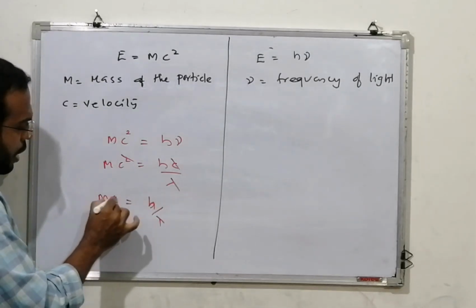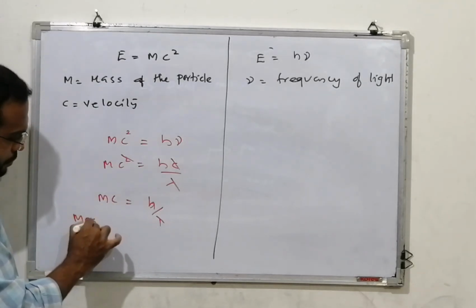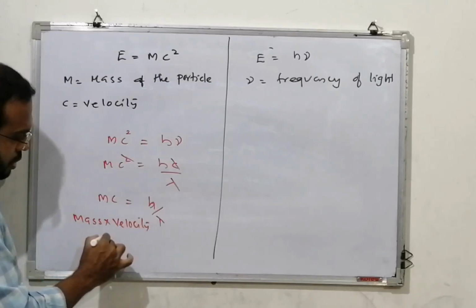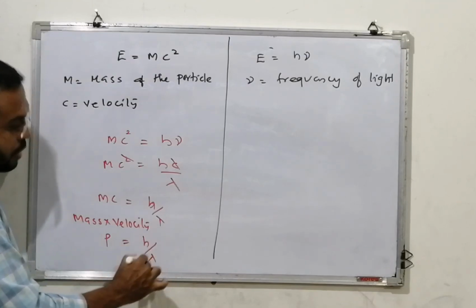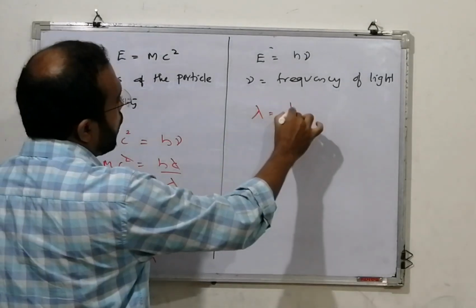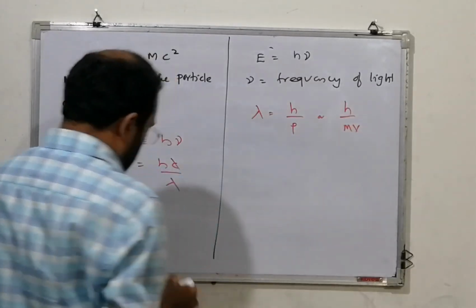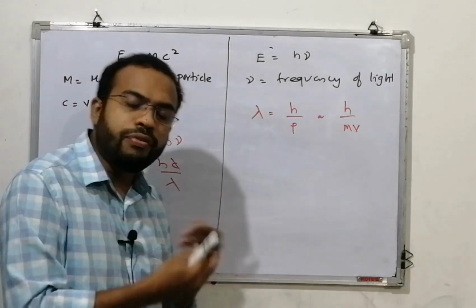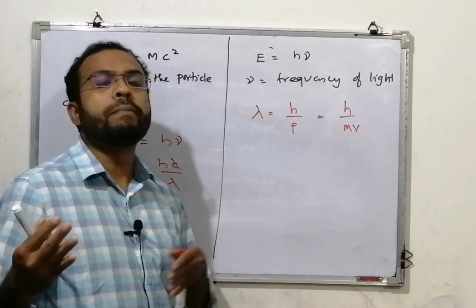What is mc? c is the velocity, so it is mass into velocity. That is nothing but momentum. Therefore, momentum is equal to h by lambda, or lambda is equal to h by p, or h by mv. This lambda is the wavelength associated with a moving particle.